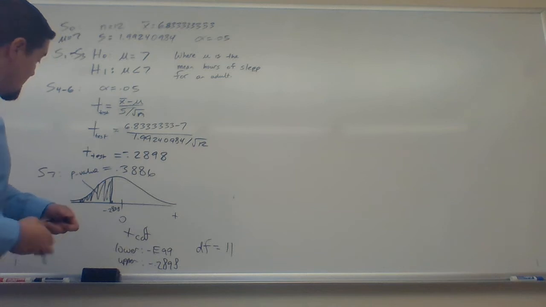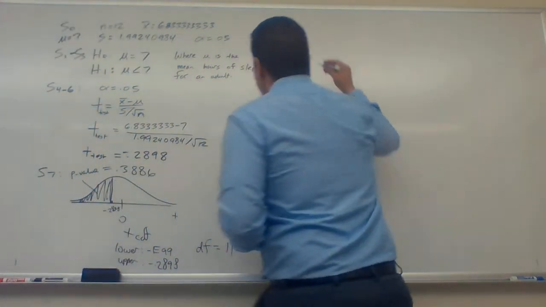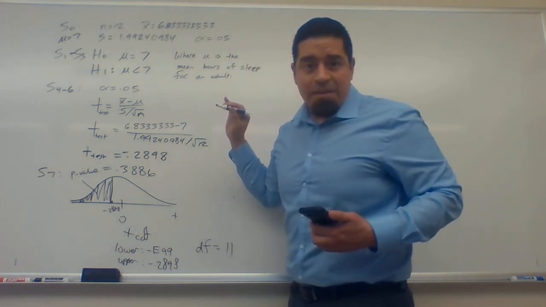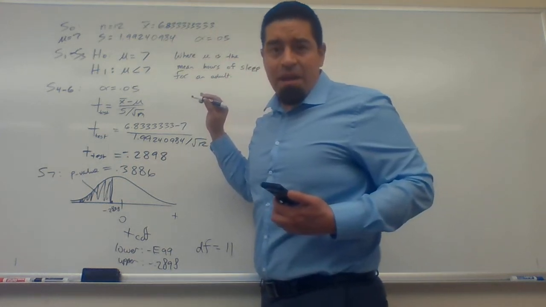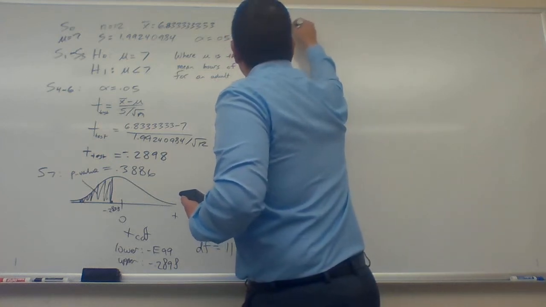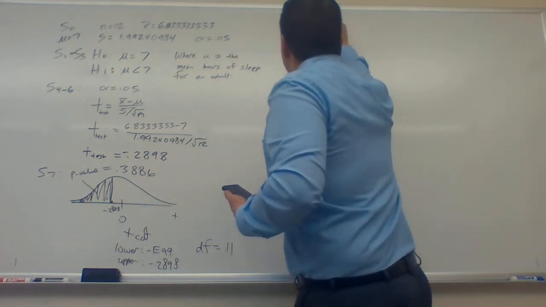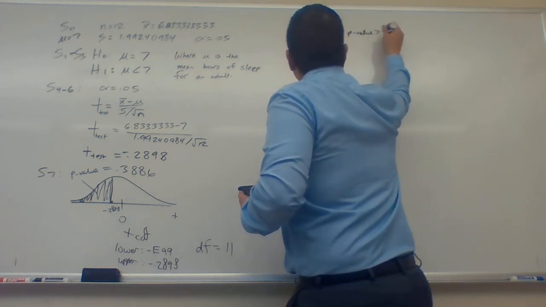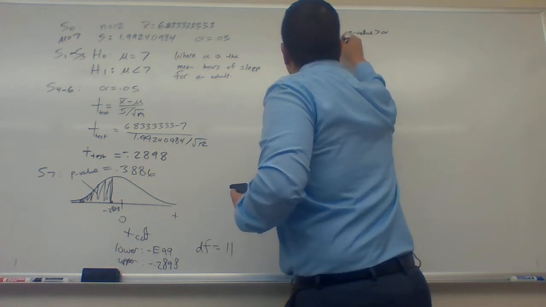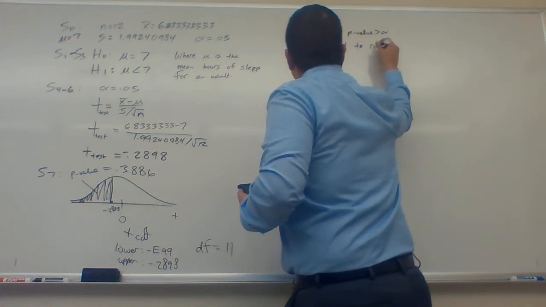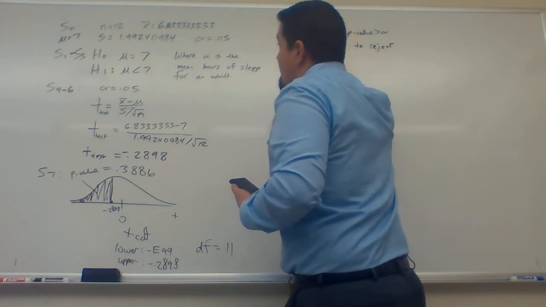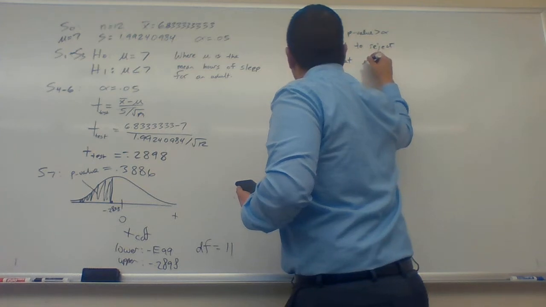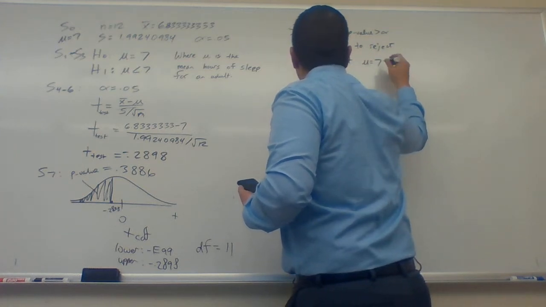So then with the p-value comes our decision, right? This is still for example 1. Our decision is part of step 7. And so we would say, since the p-value is greater than alpha, we fail to reject H naught, that the mean number of hours of sleep is 7.